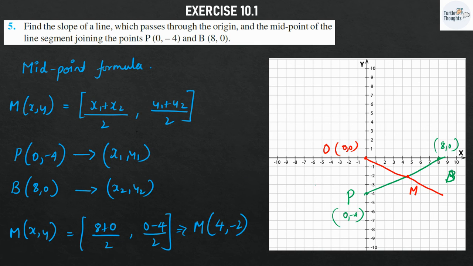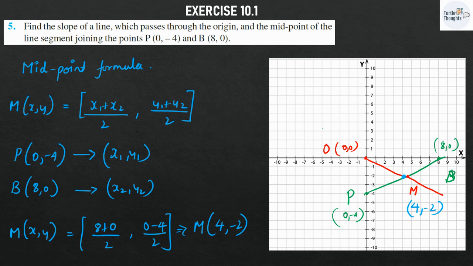So the value of M is 4 comma minus 2. So somewhere over here, actually it should be over here. I have done a freehand drawing, so it is deviating a little, but I hope you get it right. So the point M we have got is 4 comma minus 2.